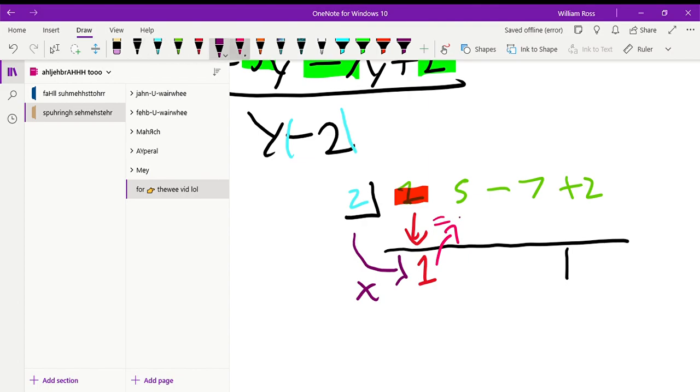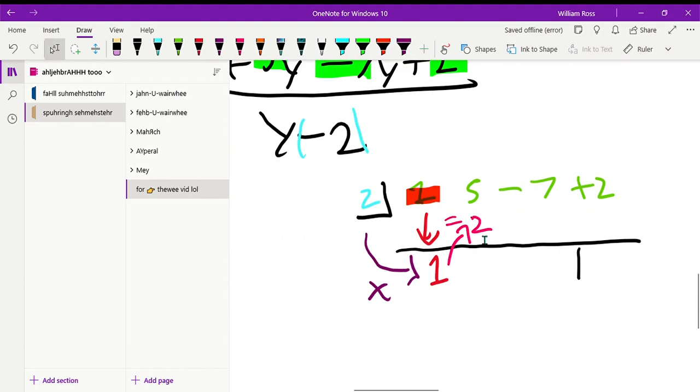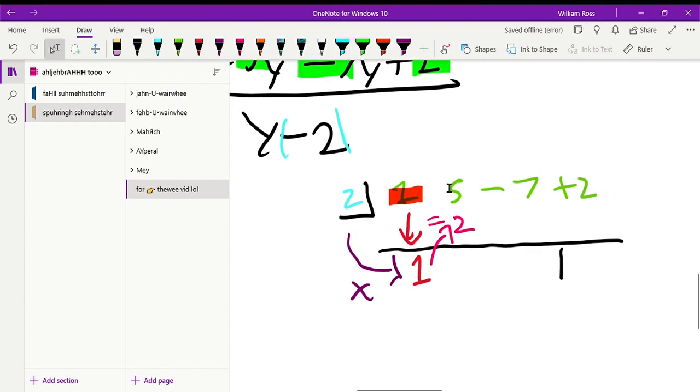So 1 times 2 is 2. 5 plus 2 is 7. 2 times 3 is 6.